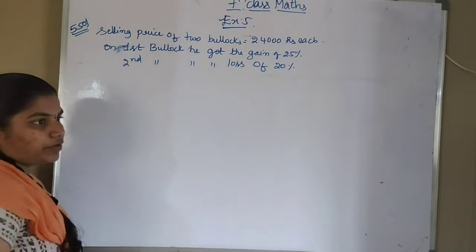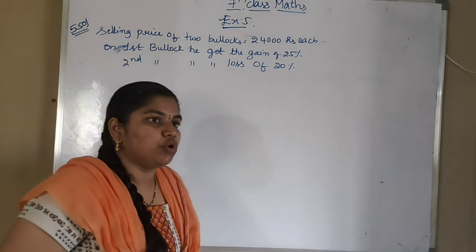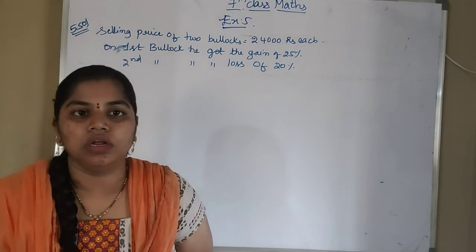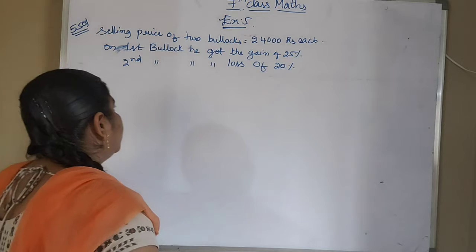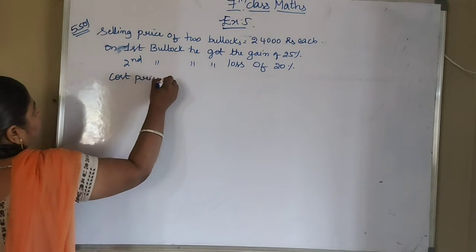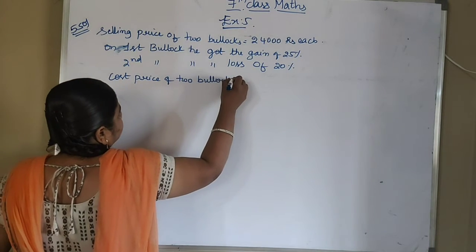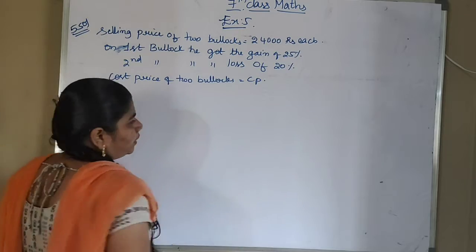So what we have to find? We have to find the cost price of each bullock, and also whether in total he got a loss or gain. So first we have to find the cost price of the 2 bullocks. I am taking it as CP only.